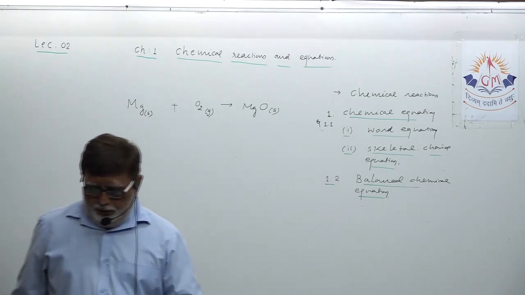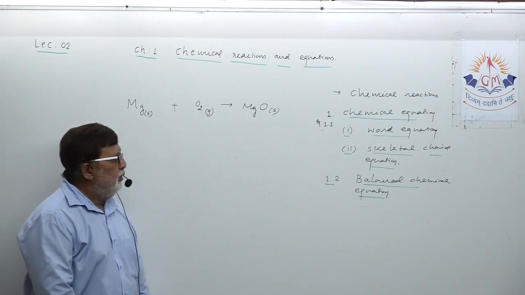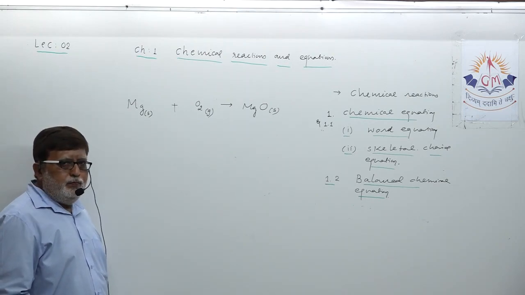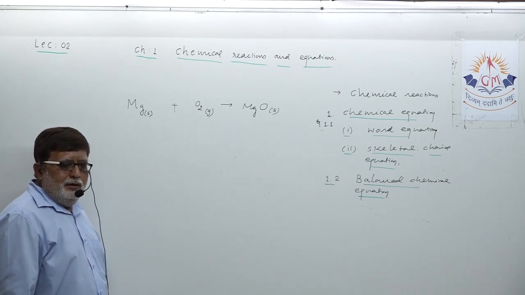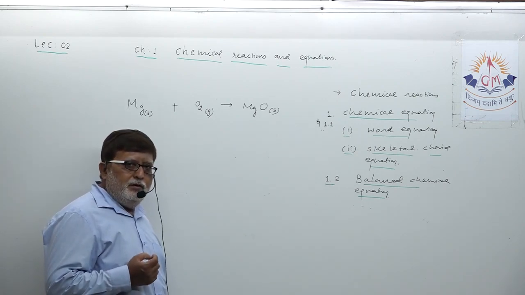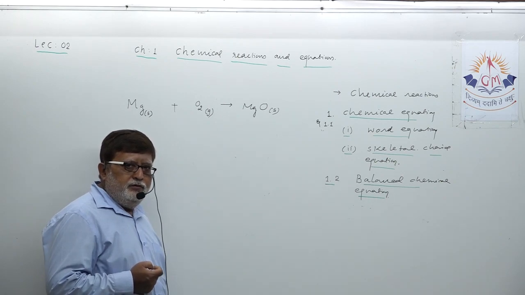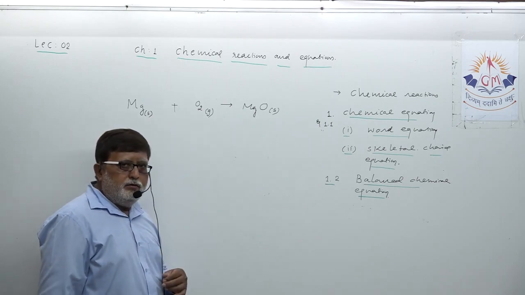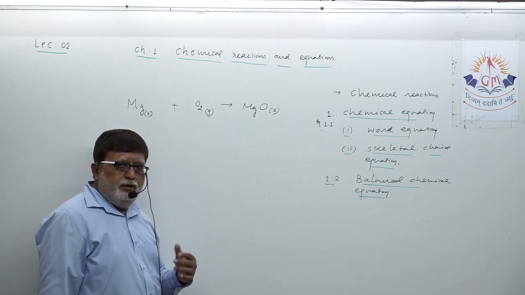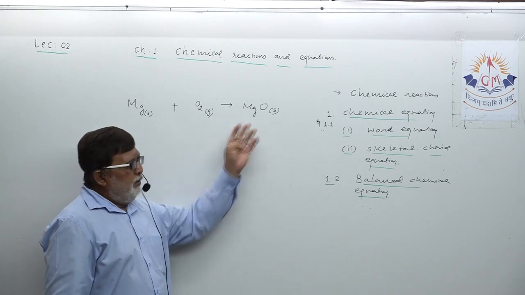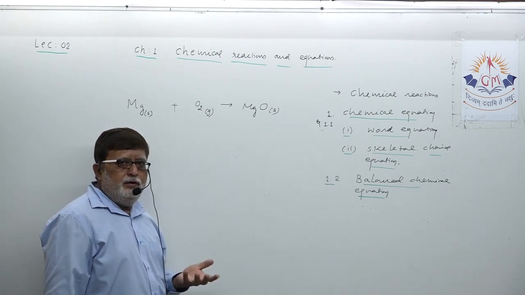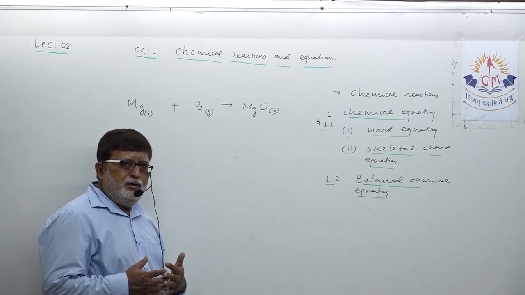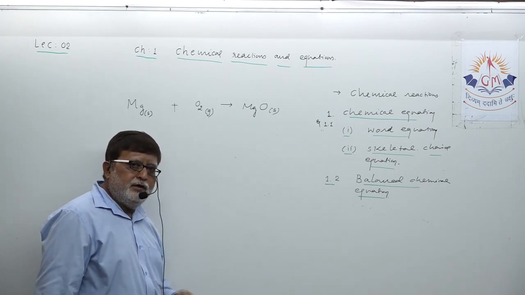In this particular chemical equation, one thing which is constantly pinching our mind is that there are two oxygen atoms on the reactant side, and here there is only one oxygen atom on the product side. It is looking a little odd, understand?